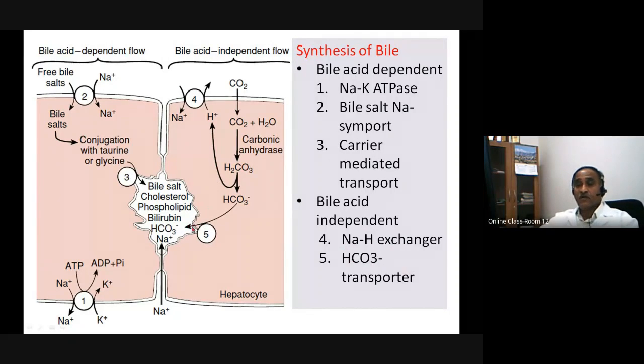This bicarbonate transporter is associated with chloride, because for one bicarbonate transported, it exchanges one chloride, so it is a bicarbonate chloride exchanger type of transporter. So this is how the bile is secreted into the canaliculi.